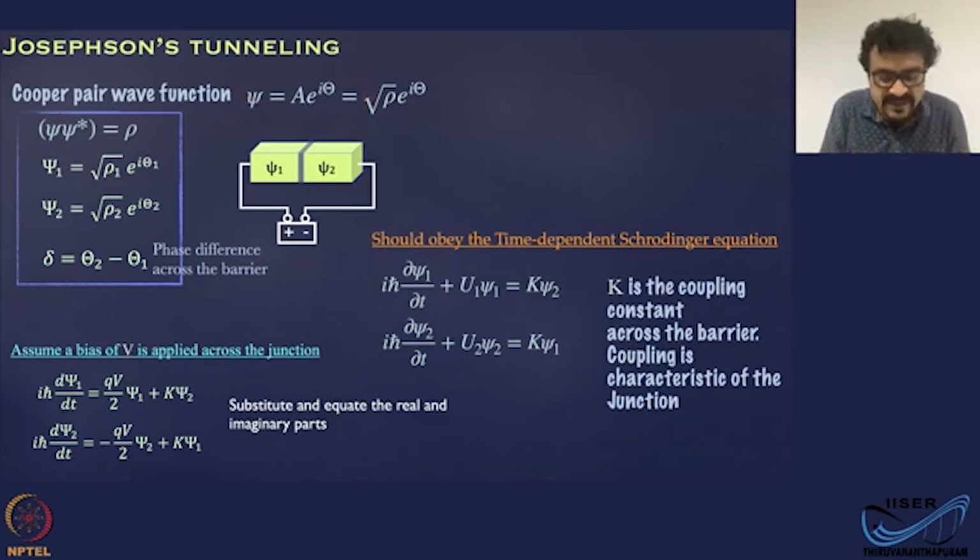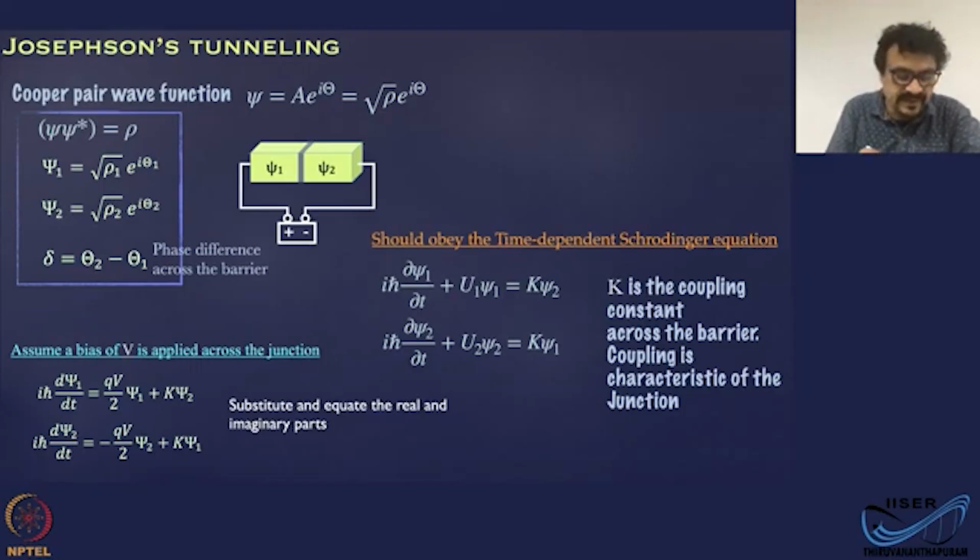It's one wave function, a to the power i theta, where a is basically the amplitude of the wave function. If you take psi star psi, that will be the Cooper pair density. Okay. So this amplitude should be the square root of rho.